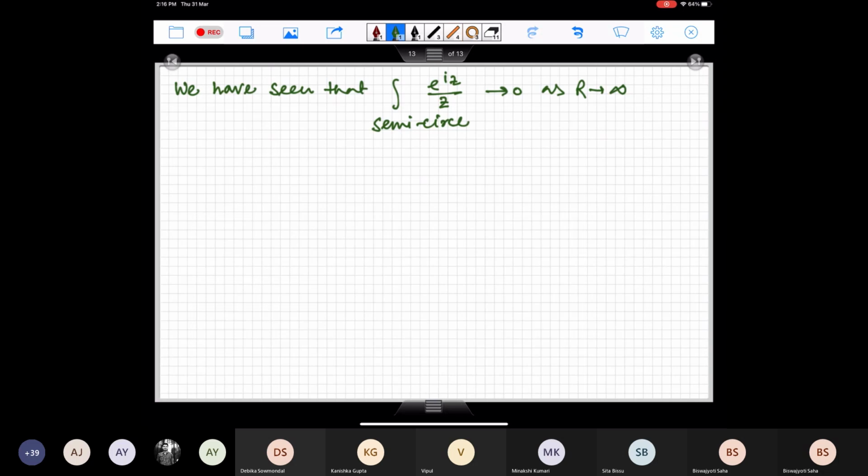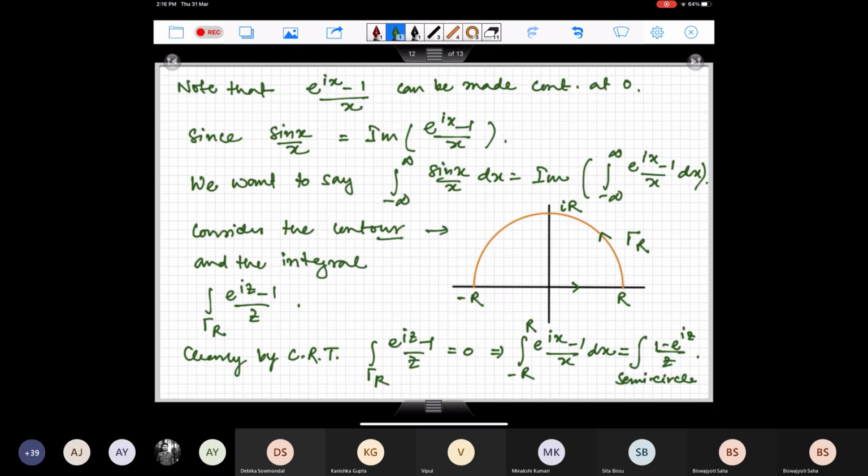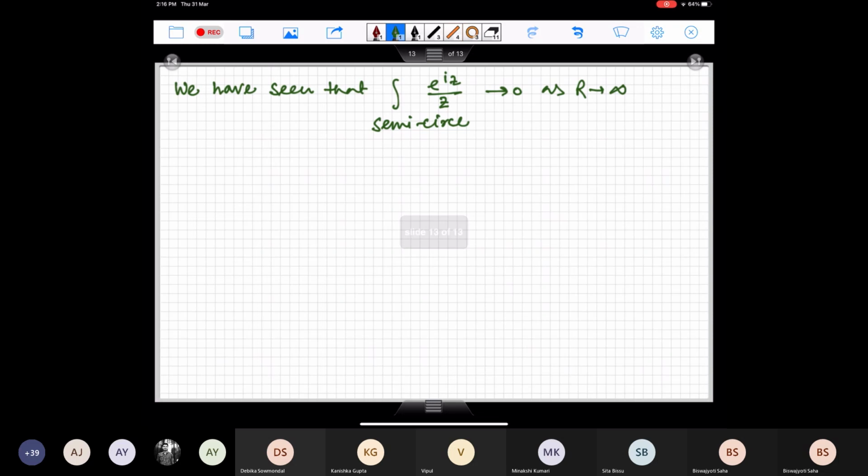This is done. So what I really have to integrate is 1 upon z on the semicircle, but you already know how to integrate that. This is the semicircle of radius r, and theta varies from 0 up to pi. So this is the integral from 0 to pi of f(gamma(t)) gamma prime(t) dt. So that's 1 over r e power it, and gamma prime(t) is i r e power it dt.